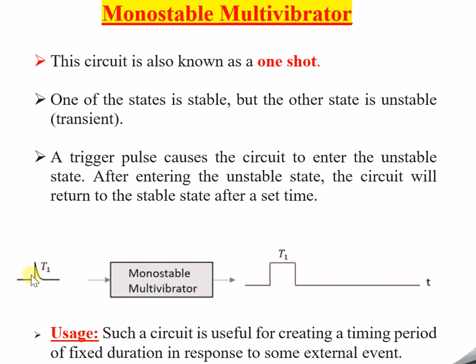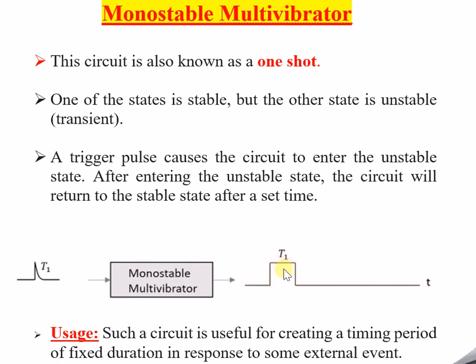As I'm highlighting here, it is a trigger pulse with some time t1. I am giving this as an input to the monostable multivibrator. What I get in turn is an output for that specific time t1. Until this t1, it will remain in the on state.